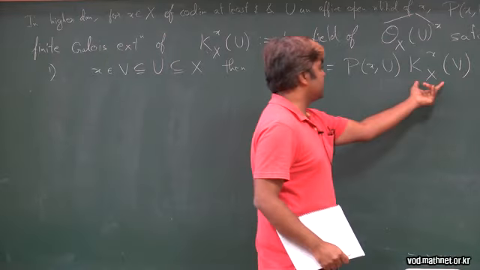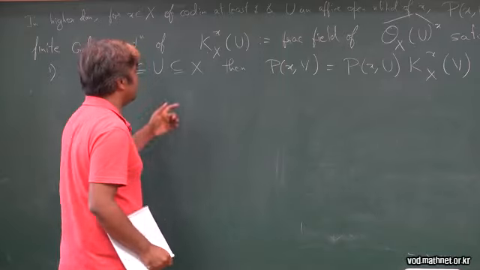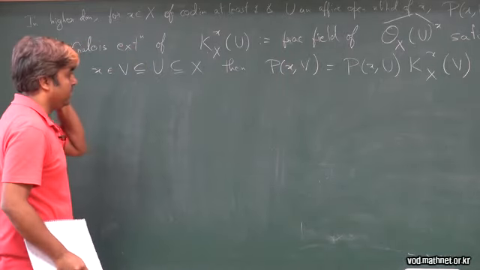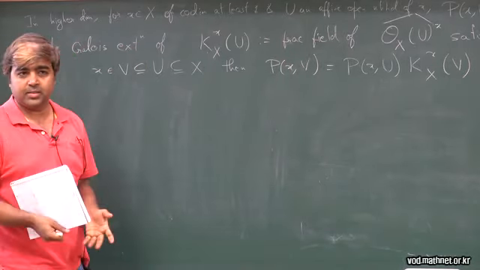What happens is this field actually contains K_xU. So it makes sense: you are further localizing and then completing. So of course it contains.